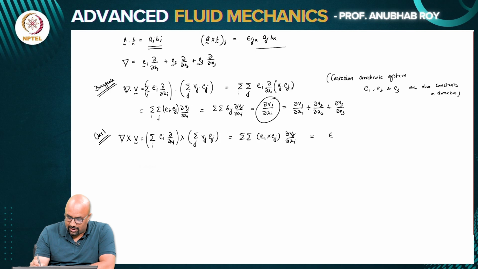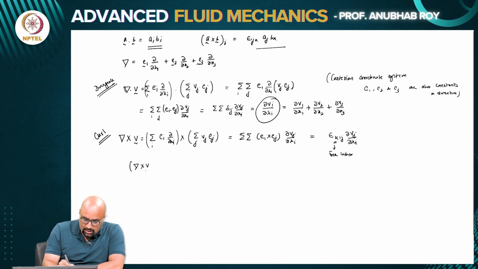Going back to what we have written down before, as you can see i and j are the indices which are repeating, so I will have epsilon kij dou Vj dou Xi. So k here is what we call the free index. The curl of a vector will be a vector. So if I am interested in a particular component of that vector, it is epsilon kij dou Vj dou Xi.